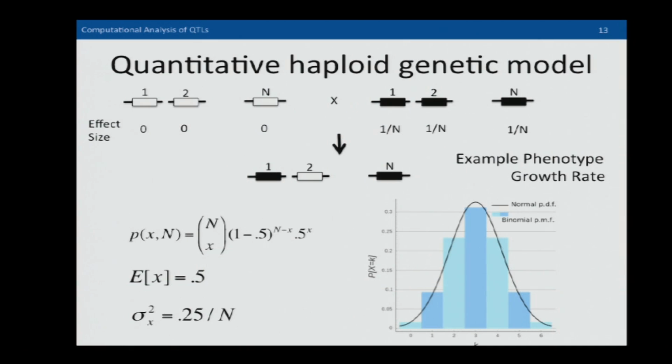So you can see this could be ethanol production, could be growth rate, what have you. And you can see that the number of genes that you're going to get from dad follows this binomial distribution and gives you a spread of different phenotypes in the child generation, depending upon how many copies of dad's genes that you inherit.